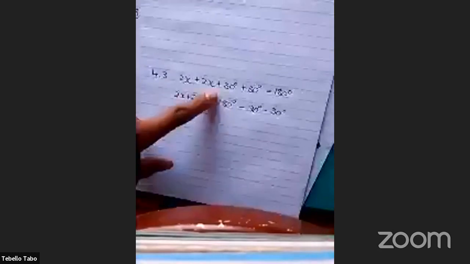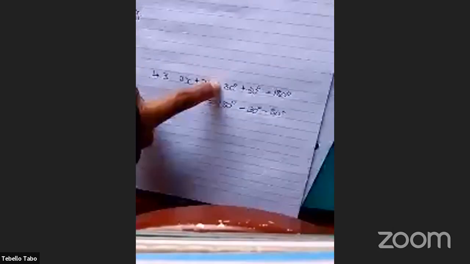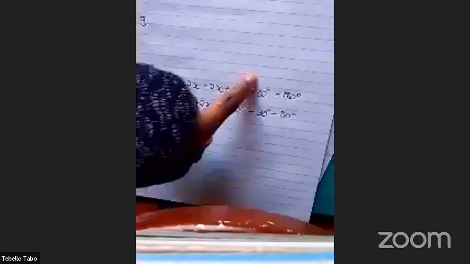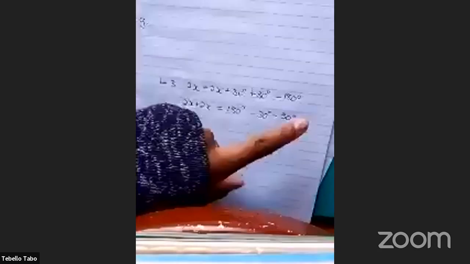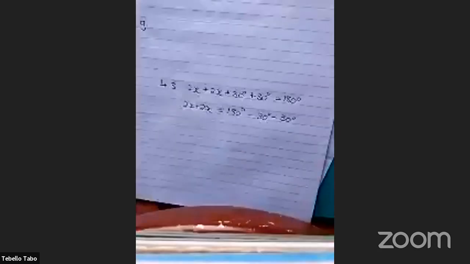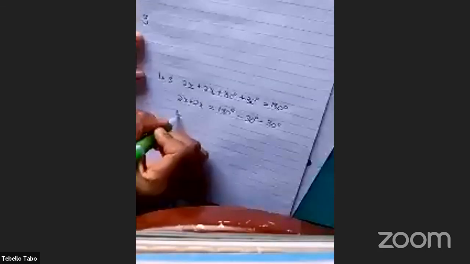Why? Because our 30 degrees are positive on this side. So when we move them to the other side, it will be our subtraction. So we'll have to subtract, it changes its signs. So we'll have our 4x equals to 180 degrees minus 30 degrees and minus another 30 degrees.